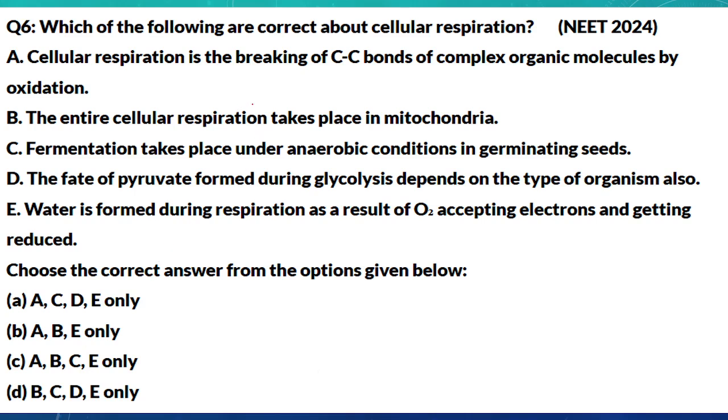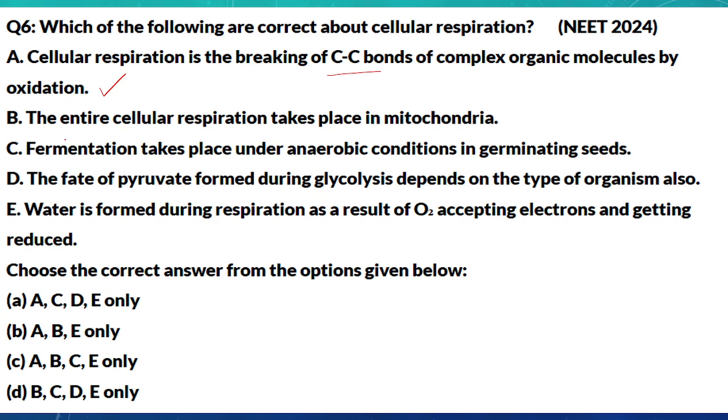Which of the following are correct about cellular respiration? Option A, cellular respiration is breaking off C-C bonds of a complex organic molecule by oxidation. Absolutely correct. By breaking the C-C bonds of glucose-like molecules, we get the energy.